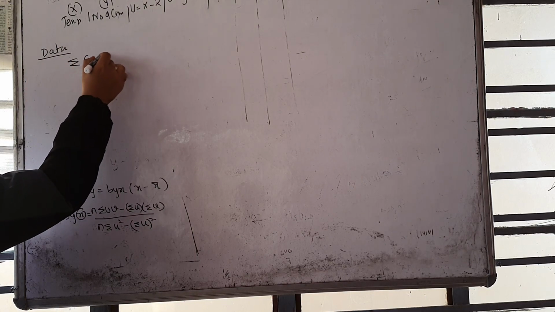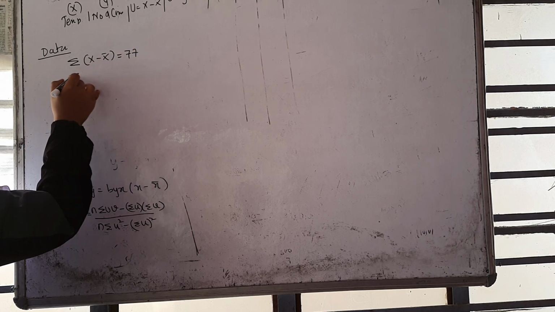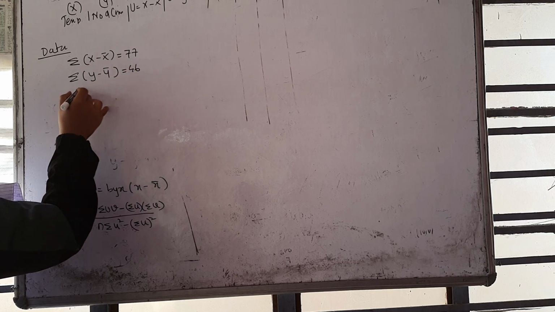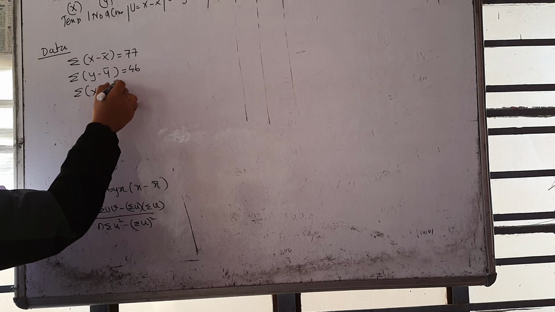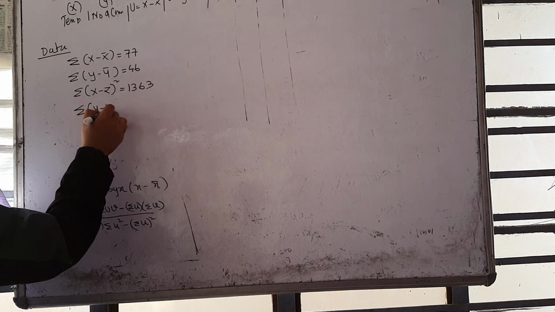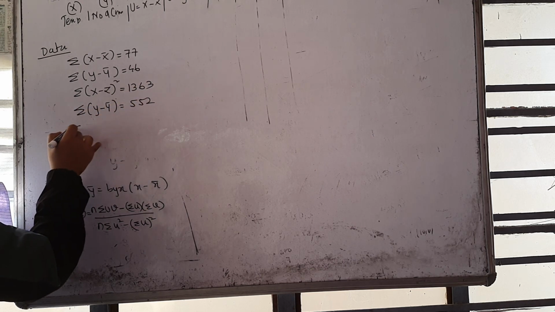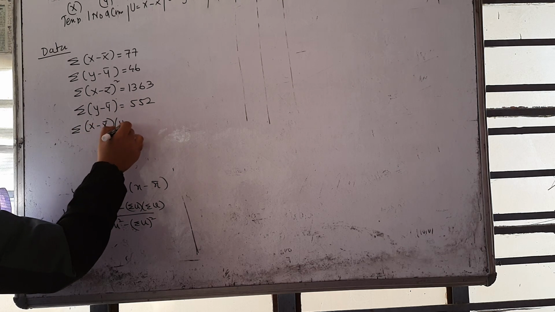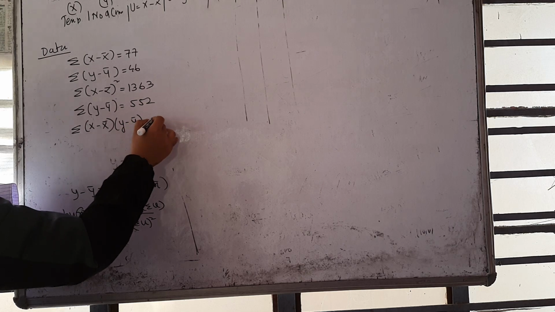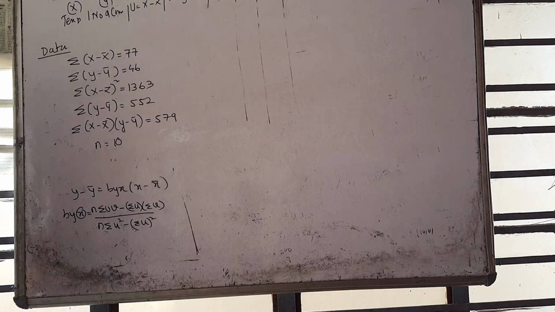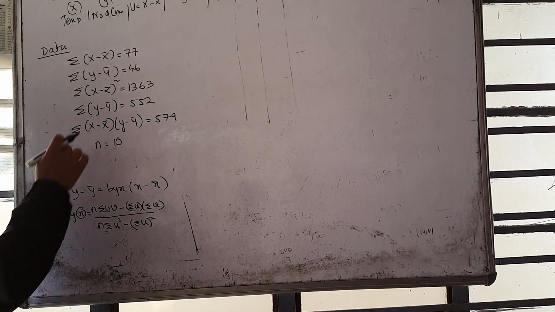Summation x minus x bar equal to 77, summation y minus y bar equal to 46, summation x minus x bar whole square equal to 1363, summation y minus y bar whole square equal to 552, summation x minus x bar into y minus y bar equal to 579, and n equal to 10. You have to find bxy and byx.